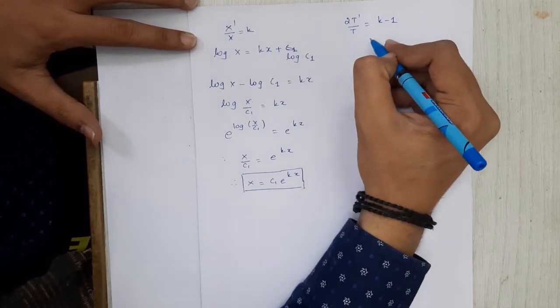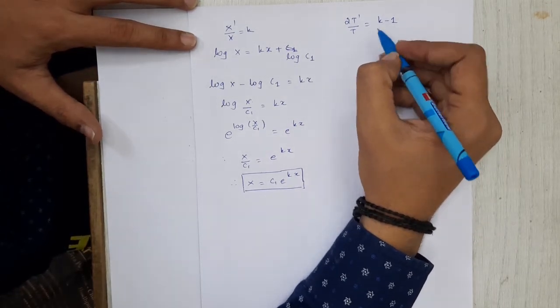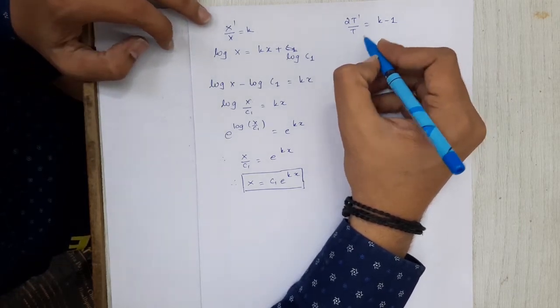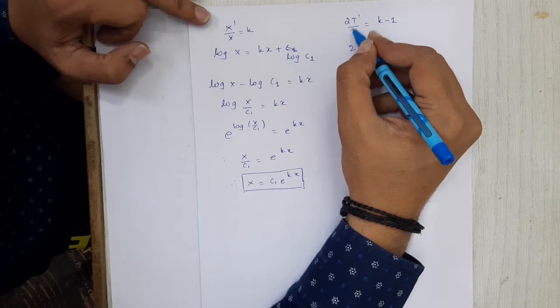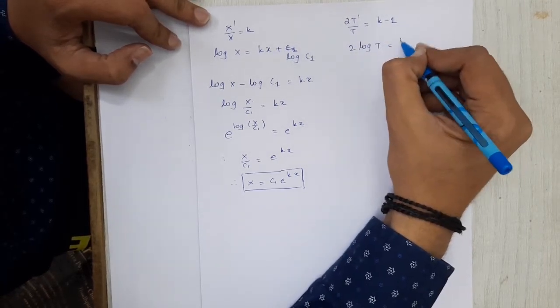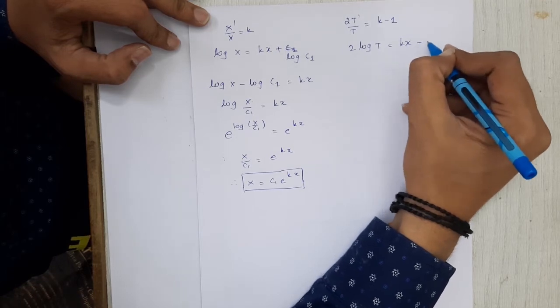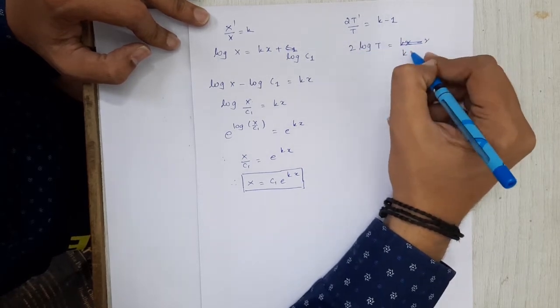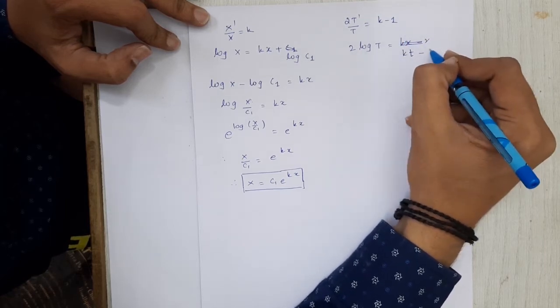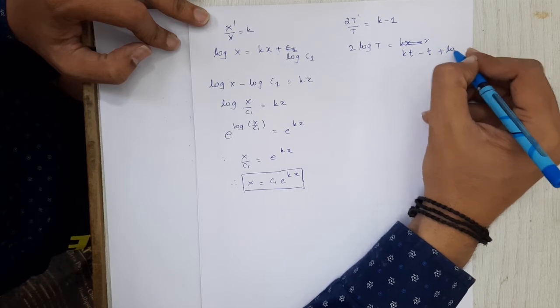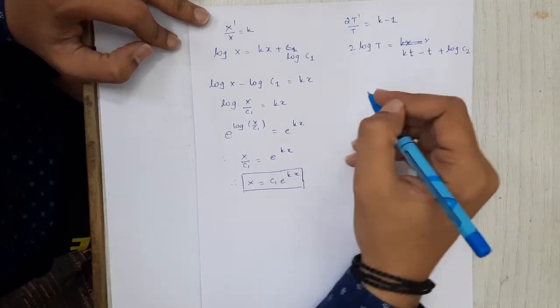On the other side, for the other equation, let's try to solve this equation 2 as it is. By integrating I can write log T is equal to, this is constant k minus 1, sorry, not kx, it is with respect to t, so I can write (k minus 1) t, where the integration of 1 is t, plus constant, and I will write log c2.